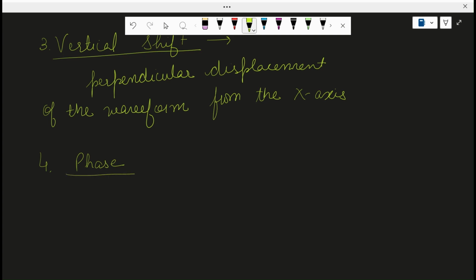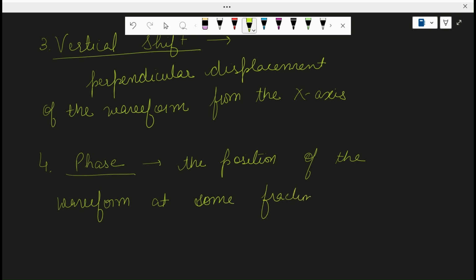So the wave phase is the position of the waveform at some fraction of period. So fraction of period, that means our time period is T.